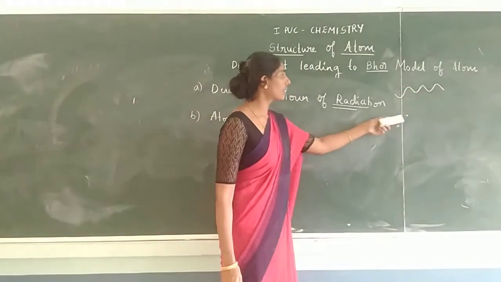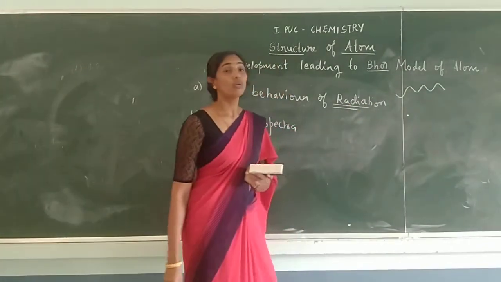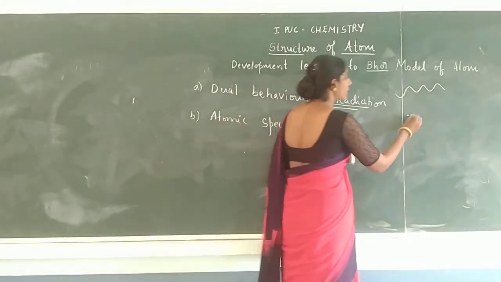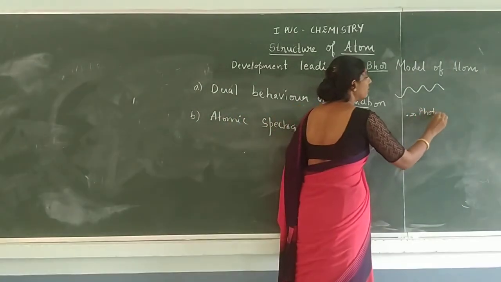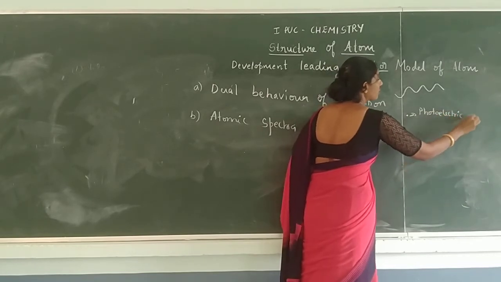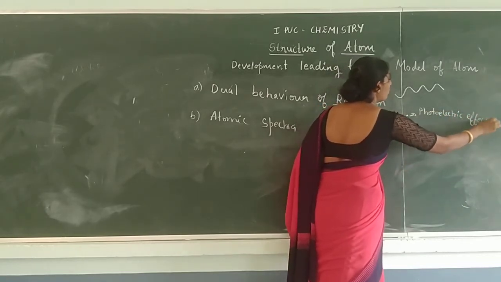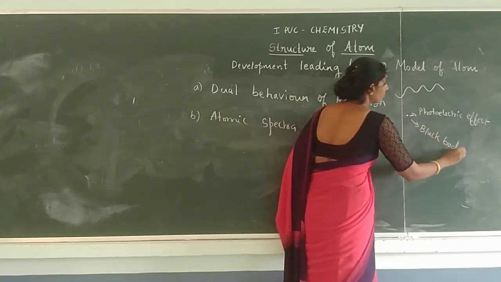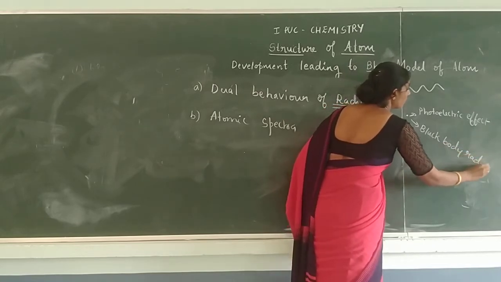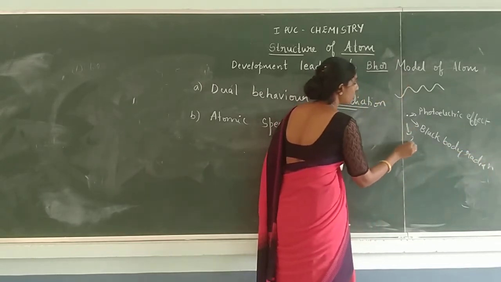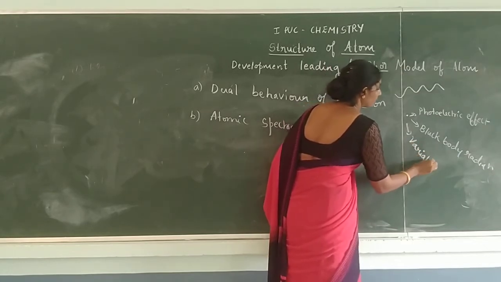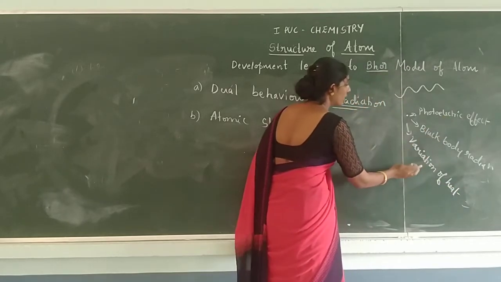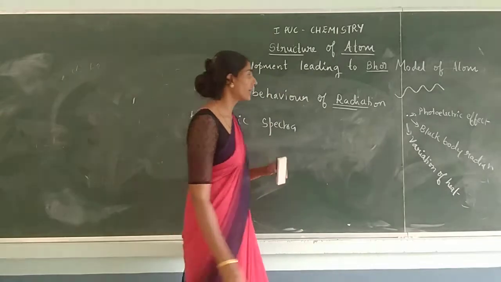Because of this particle nature, radiation shows the photoelectric effect, and also shows the black body radiation, and also shows the variation of heat capacity. In detail, we will see what the photoelectric effect, black body radiation, and variation of heat on a solid are, as well as the spectrum.